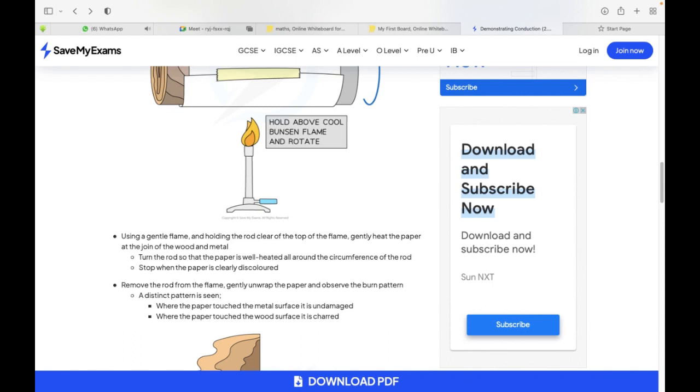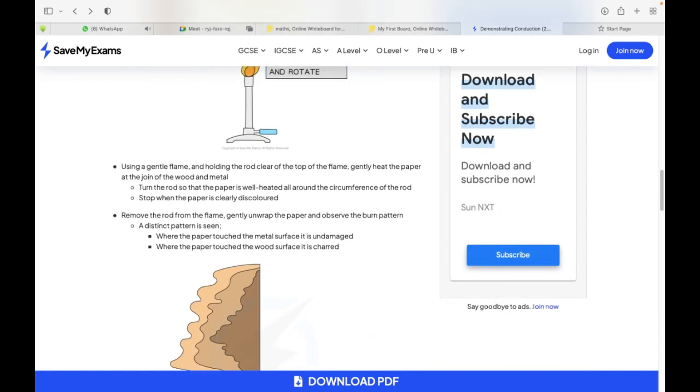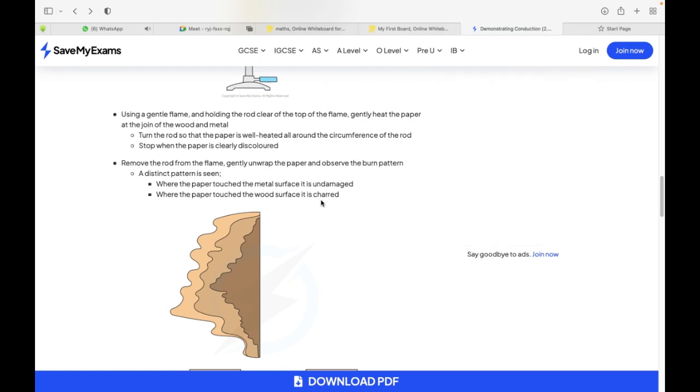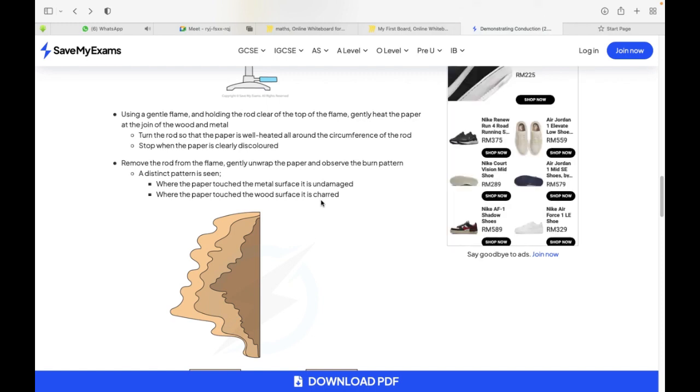Now you remove the rod from the flame and gently unwrap the paper. Observe the burn pattern. A distinct pattern is seen. Where the paper touched the metal surface, it is undamaged.